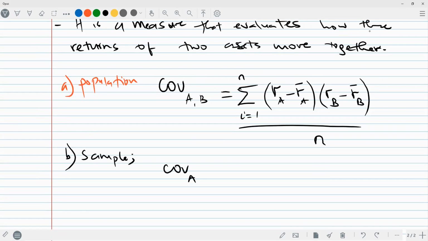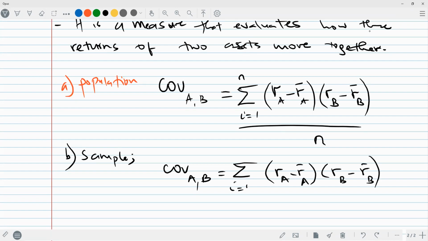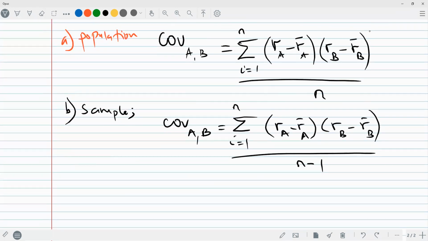Covariance of A towards B is equal to the sum of deviation from A. Sorry, this is A, not B. From the first outcome all the way to the nth outcome, we divide by n minus 1 since it's a sample.